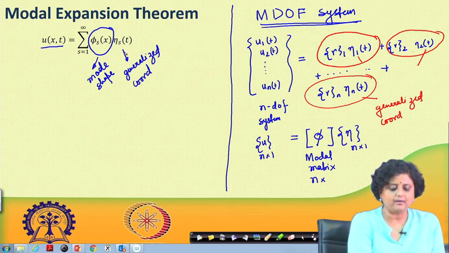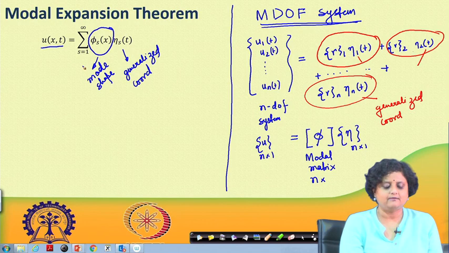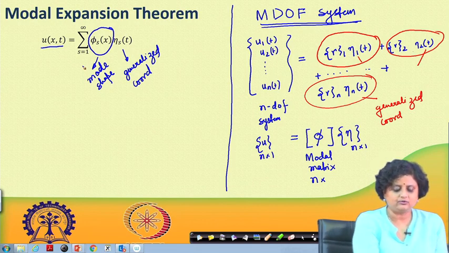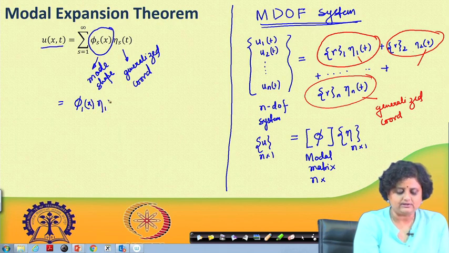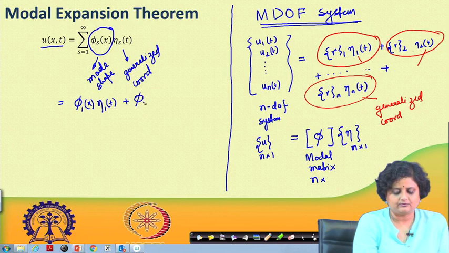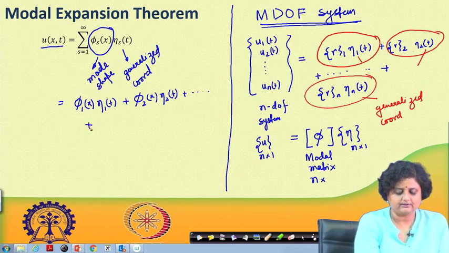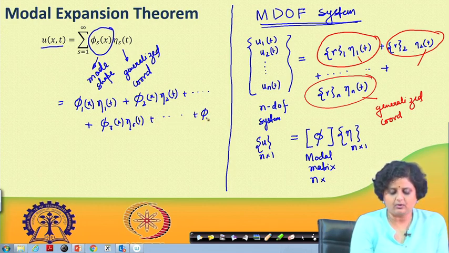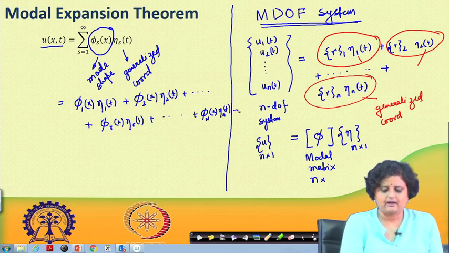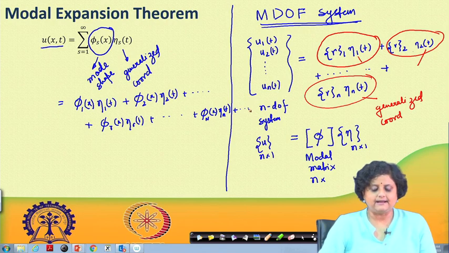And this could be summed over s equal to 1 to infinity. So, if I expand this, this could be written as phi 1 x into eta 1 t plus phi 2 x into eta 2 t and so on, plus phi r x into eta r t and so on, and this will go on, because there are infinite number of mode shapes and natural frequencies.